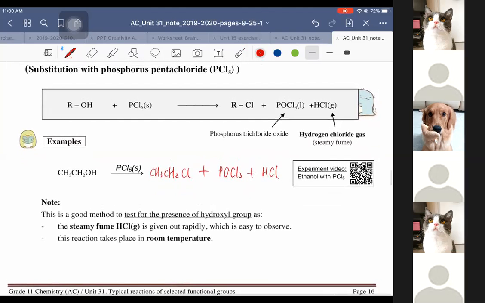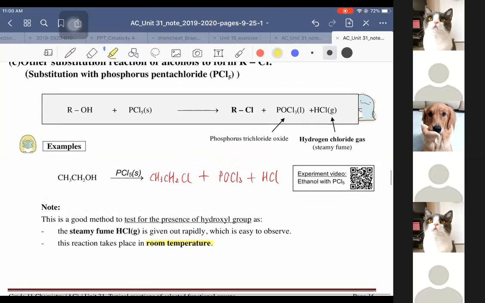Now, why do I want to introduce this reaction? Because this reaction takes place at room temperature. That's due to the increased reactivity of PCl5 compared to PCl3. This one is more reactive than PCl3, so this reaction can take place at room temperature.